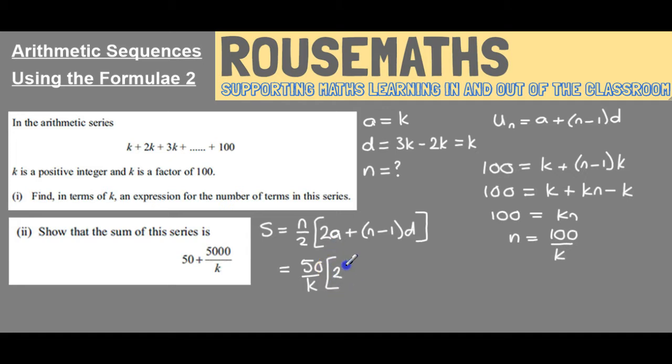2 lots of the first term is 2k. N is 100 over k. I'm going to take 1 away from that and then times it by the difference, which is k. Give myself a bit more room.